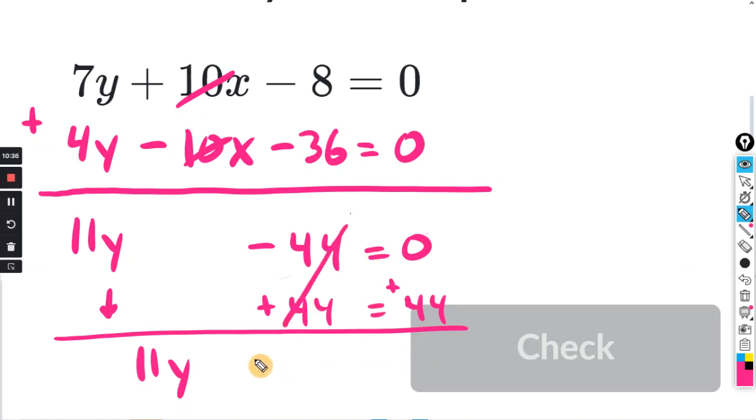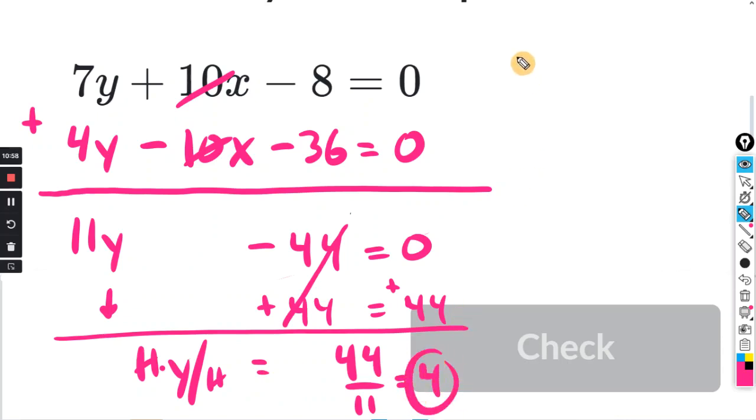Bring down the equals. 0 plus 44 gives us 44. All right, the opposite of 11 times y, or y times 11, is divided by 11. You do that to both sides. 11's cancel. 44 over 11 is just 4. All right, so y equals 4.